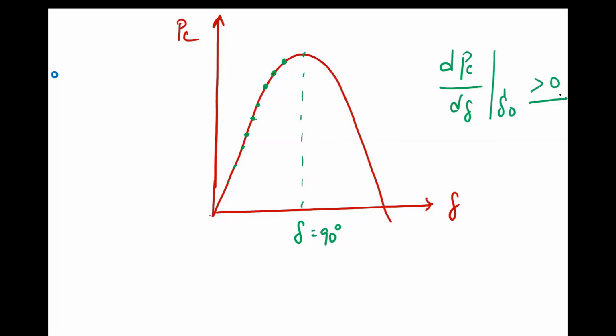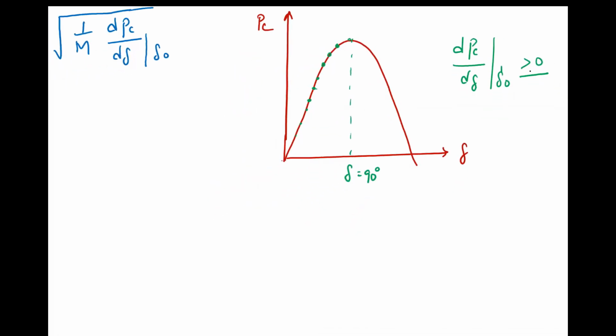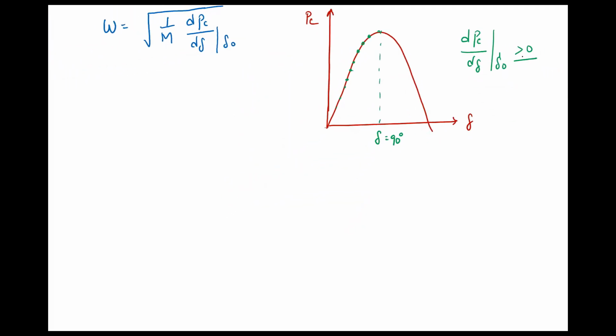So if delta naught lies below 90, then dP by d delta at delta naught is positive. That means the machine after a small disturbance will remain stable.